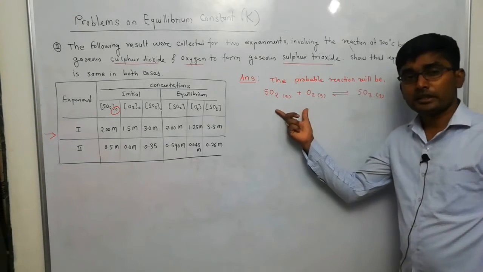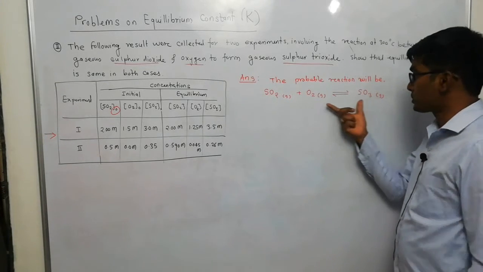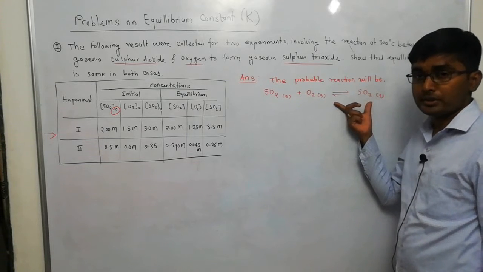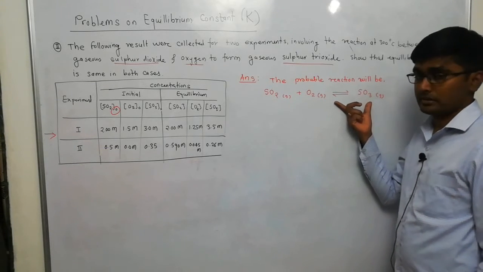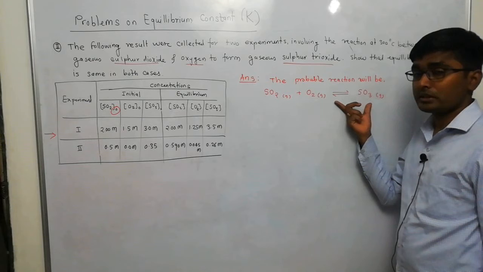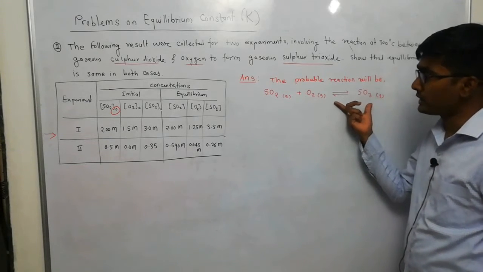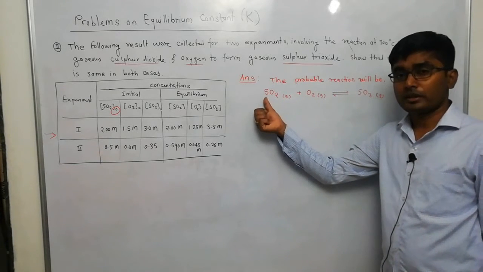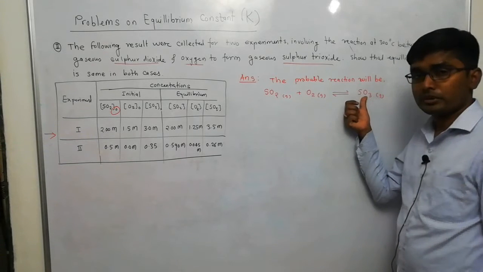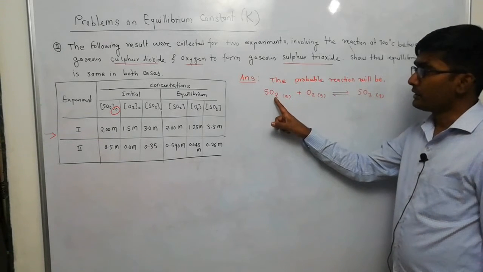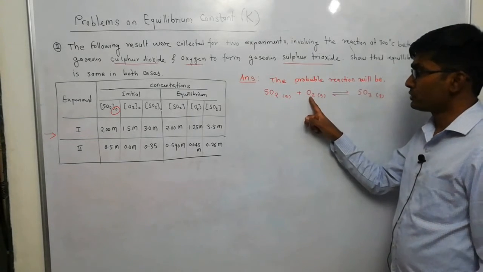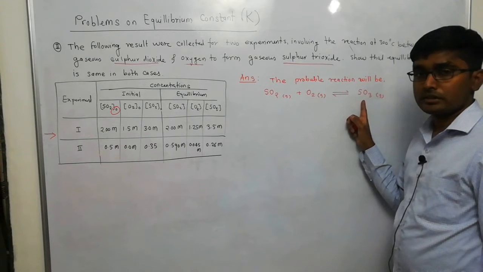Now let us balance this reaction. Just check whether it is stoichiometric or non-stoichiometric. Stoichiometric means a balanced reaction, non-stoichiometric means an unbalanced reaction. Balanced means the number of atoms on the left hand side should be equal to the number of atoms on the right hand side. Here oxygen is 2 plus 2, 4, and here oxygen is 3.